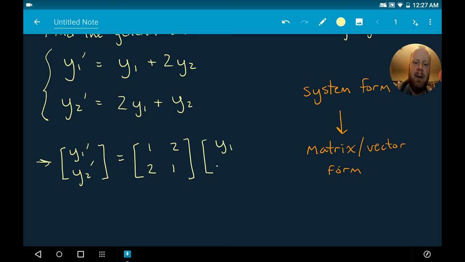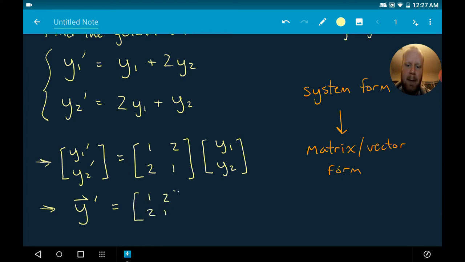So y1, y2. Okay. Now we can take this and we see that this is the y prime vector. And there we go.